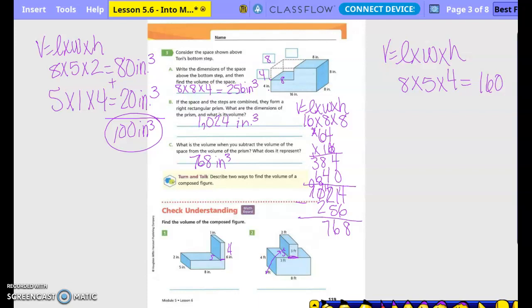They already gave us that, right? Okay, so we said our length was 5, our width was 2, and our height is 3. So 5 times 2 is 10, times 3 is 30. So we need to add those in. 160 plus 30 is 190.